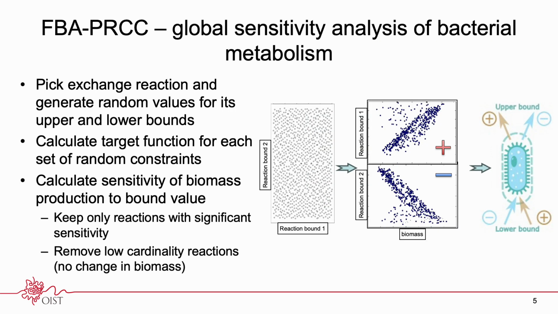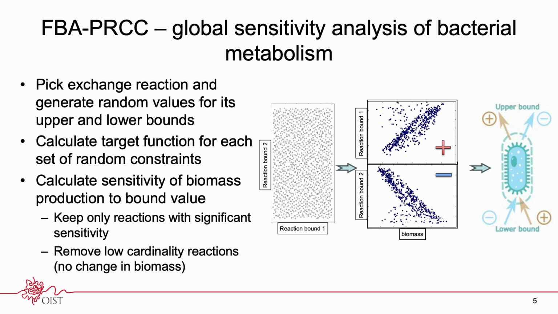We use these two values to model the interaction between species within the community, and use sensitivity analysis, which determines how different values of independent variables, in our case lower and upper bounds of the exchange reactions, influence a particular dependent variable, in our case biomass production of a particular species.